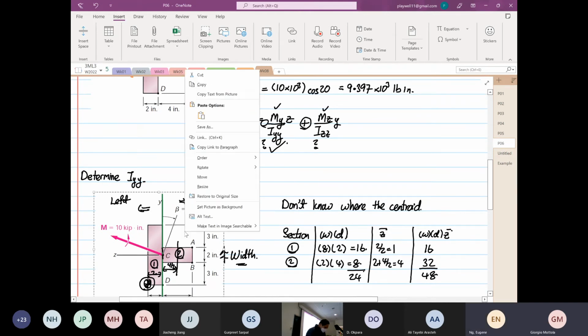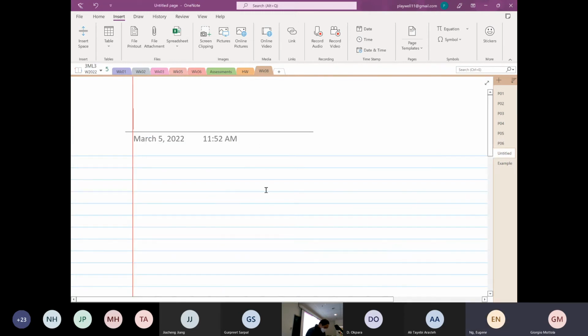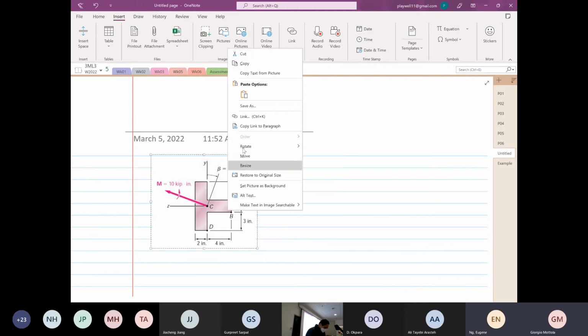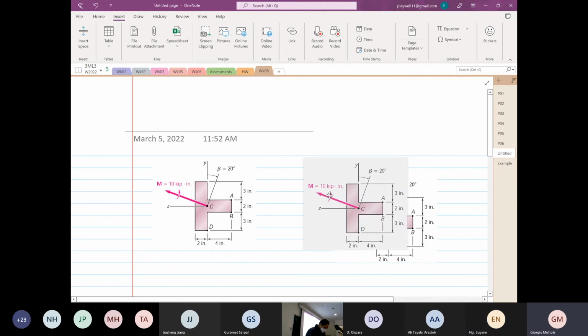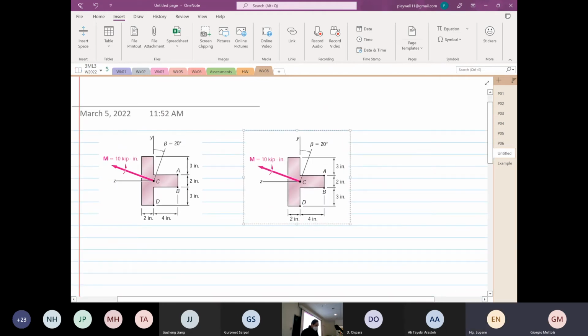So let me copy this and paste. Let me copy also and paste. On the left-hand side, I'm going to focus on MY. On the right-hand side, I'm going to focus on MZ, so you can see more clearly.